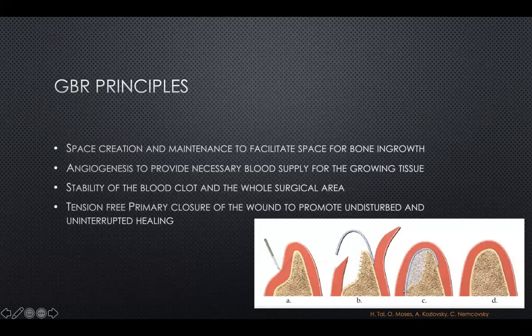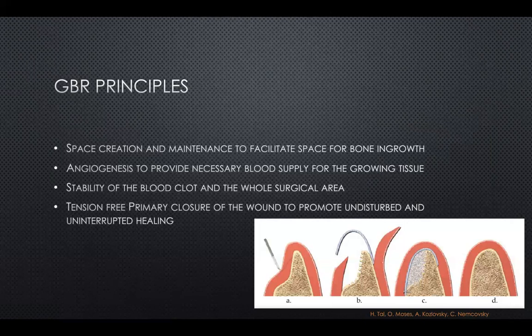And we all know that if we have a wound or if we have a fractured leg or arm or fractured bone, this bone has to be stable and this wound has to be stable in order to have a good healing. The same concept applies here. We have to have a stability of this area, and we have to have a primary closure, which is tension-free.